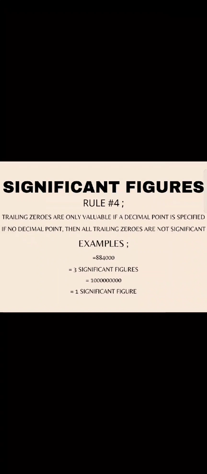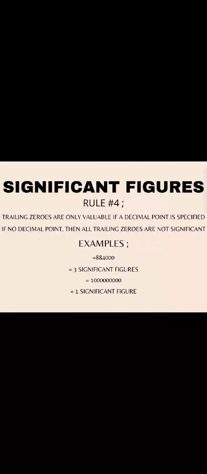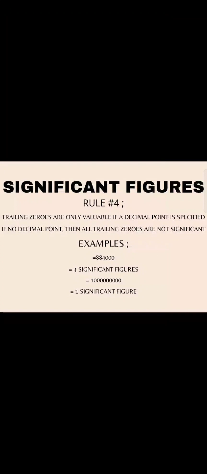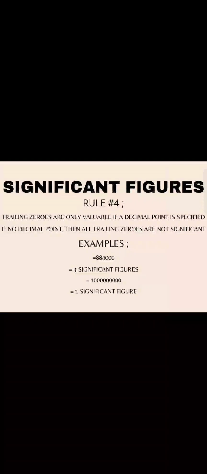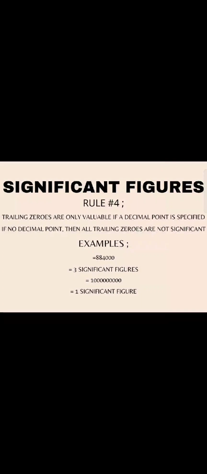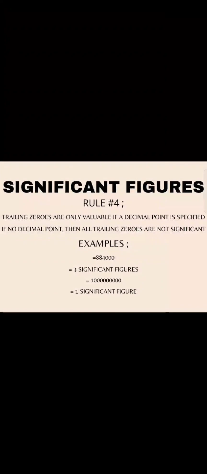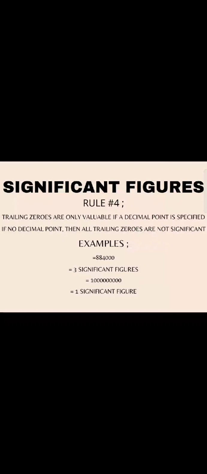The last one but not the least, rule 4. Trailing zeros are only significant if a decimal point is specified. If no decimal point, then all trailing zeros are not significant. For example, 884000. The 3 zeros are not significant because there is no decimal point.